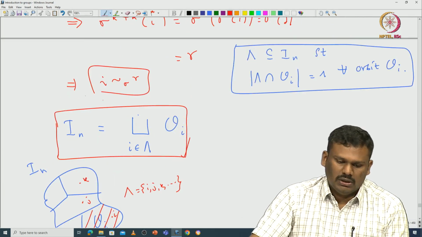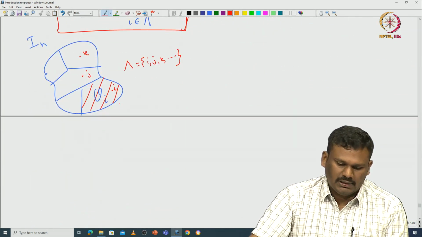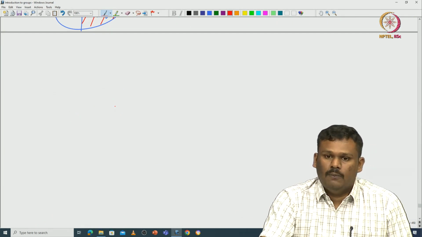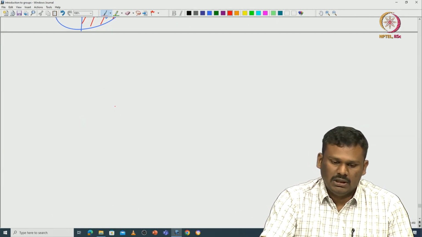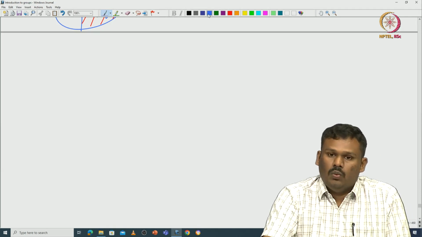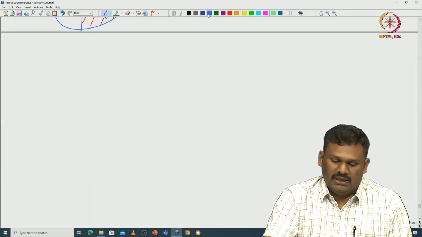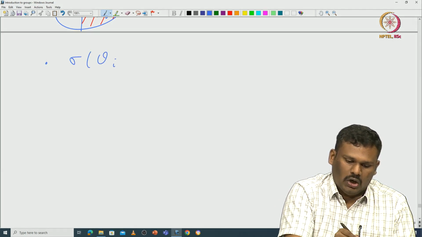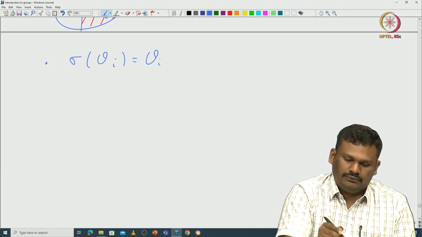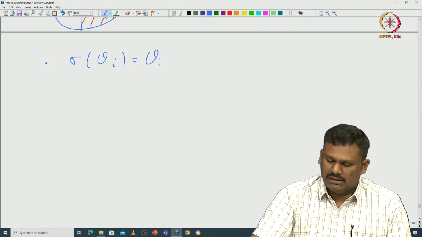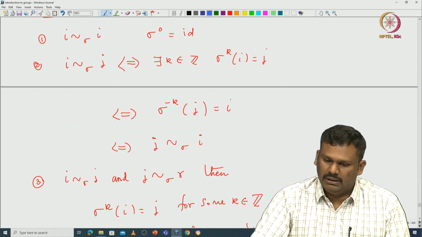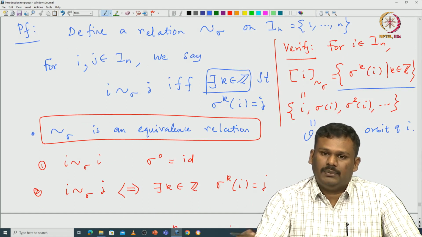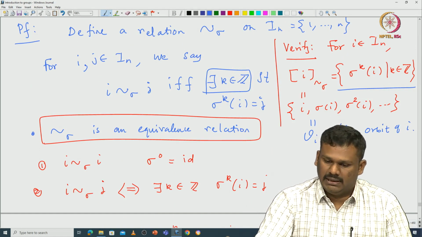Now if you go back to your sigma, you want to write sigma as a product of disjoint cycles. So it is clear what sigma does to each orbit. It is easy to see that sigma maps an orbit to itself, because by definition of the orbit, you have fixed i and repeatedly applied sigma on i.